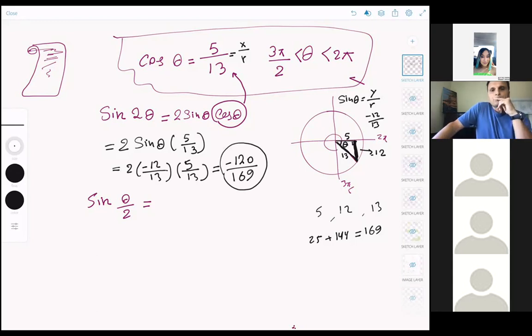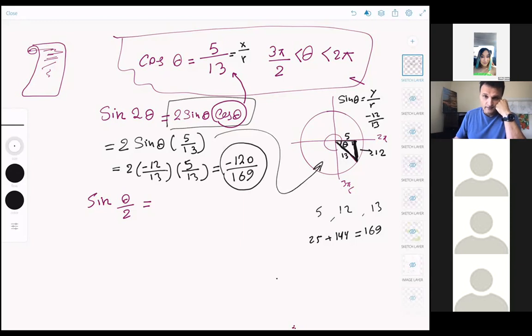Good. I call this one easy, just straightforward. You pick a formula, that's the skill. Another one here is another skill, how to find the other trig values.